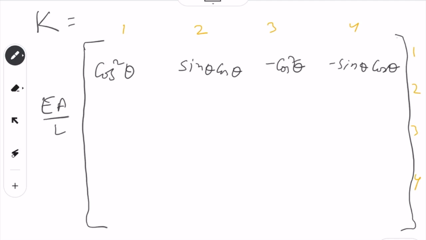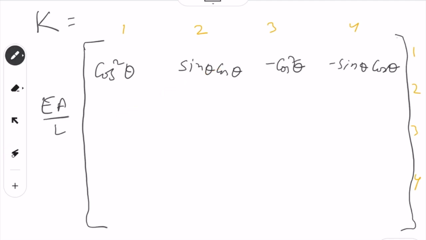Next, this one is K21, K22, K23, K24, and this one we got equal to sin theta cos theta also. We can also see that this is symmetric, hence whatever value you get you can write here. When we derived it we found this was sin theta, but otherwise also you can write it straight away.